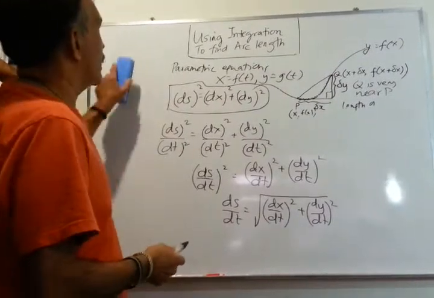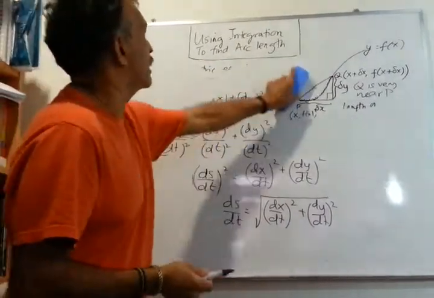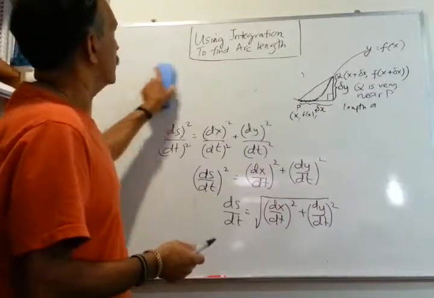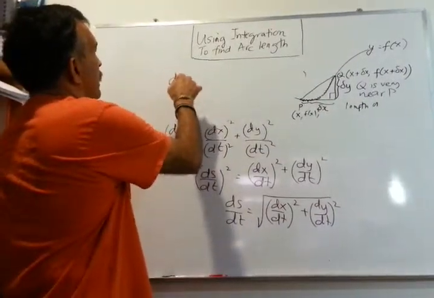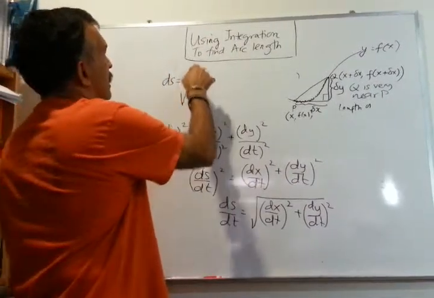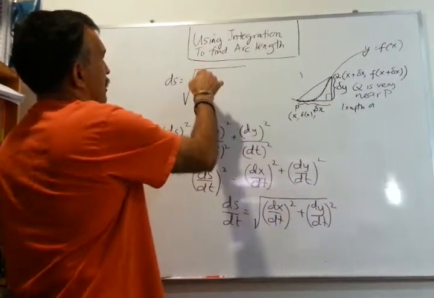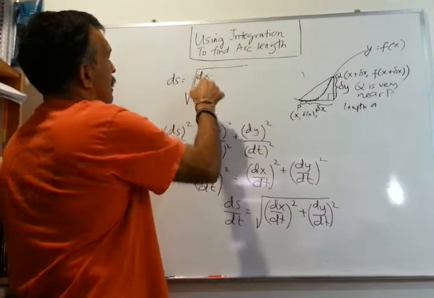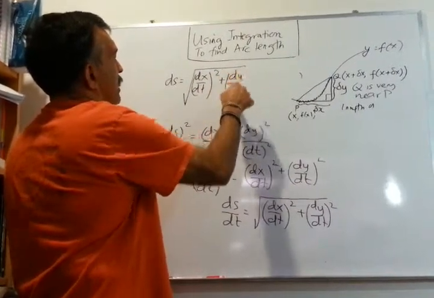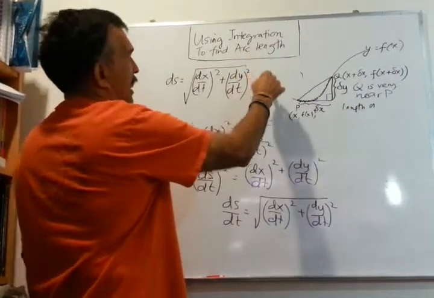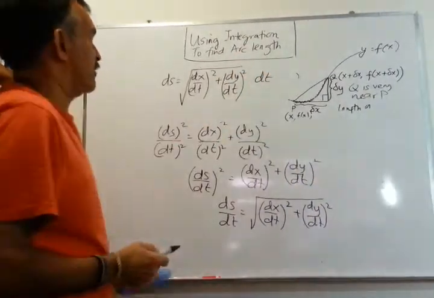So we can write ds equals the square root of (dx/dt) squared plus (dy/dt) squared, and dt.